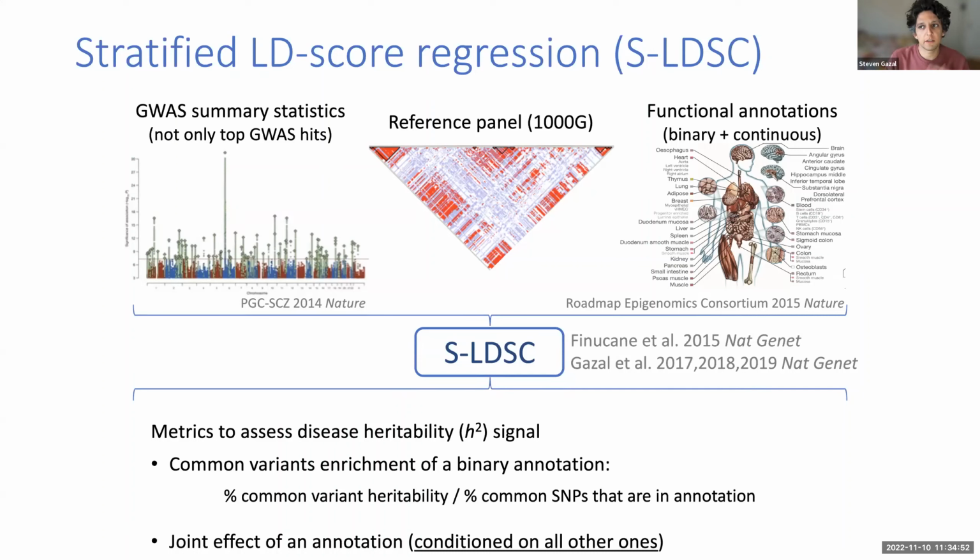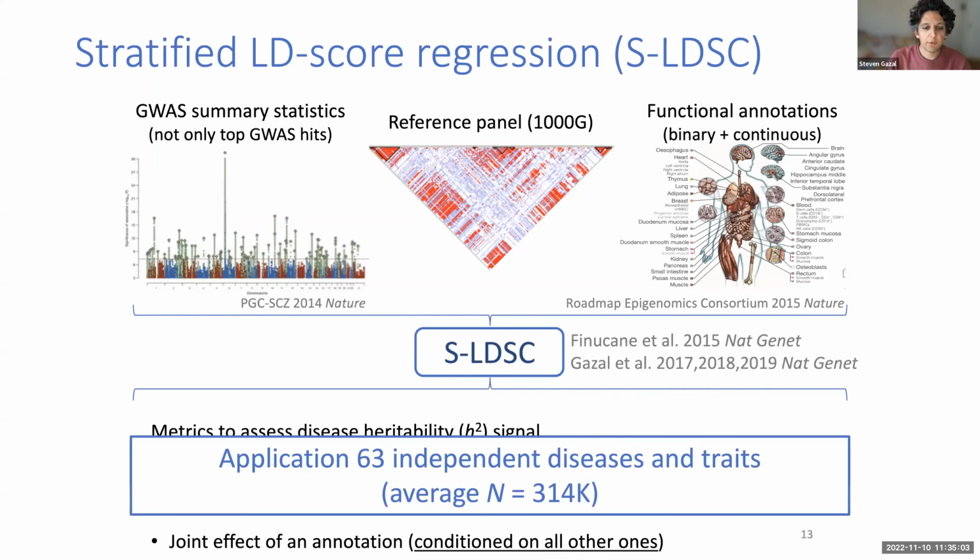In our case, it will be really useful to find which annotation is leading the signal among all these annotations that correlate with each other. And we're going to apply this tool in 63 independent diseases and traits for which we have a large sample size.